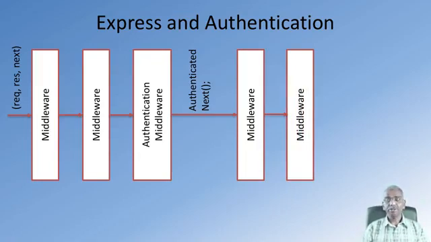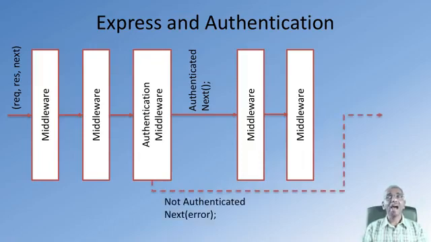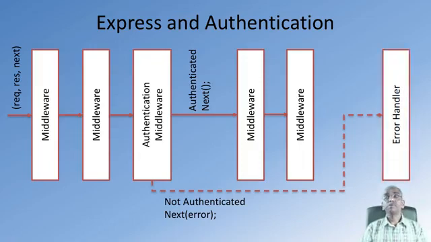But on the other hand, if your authentication middleware decides that you are not an authorized user, then the authentication middleware will take you along a different path, generate an error, and redirect to the error handler.